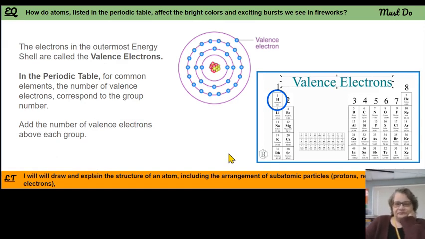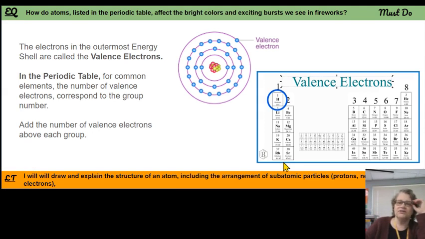Okay. So now let's look at those electrons. The electrons in the outermost energy shell are called the valence electrons. Okay, so we looked at 1, 2, and 3. If the next one only has 1, then it has 1 valence electron. In the periodic table, for common elements, the number of valence electrons corresponds to the group number.